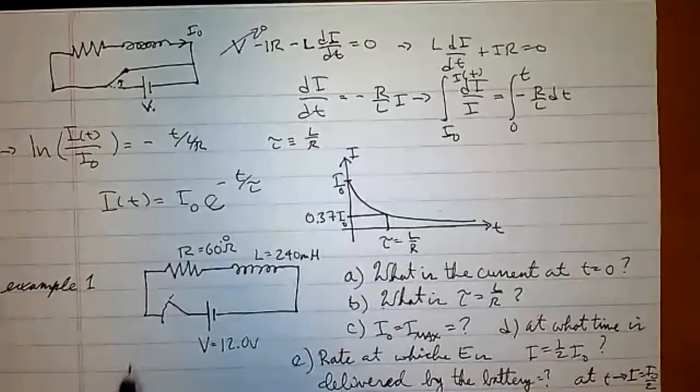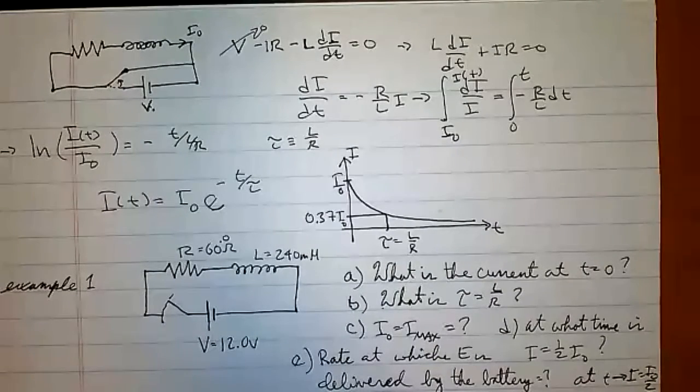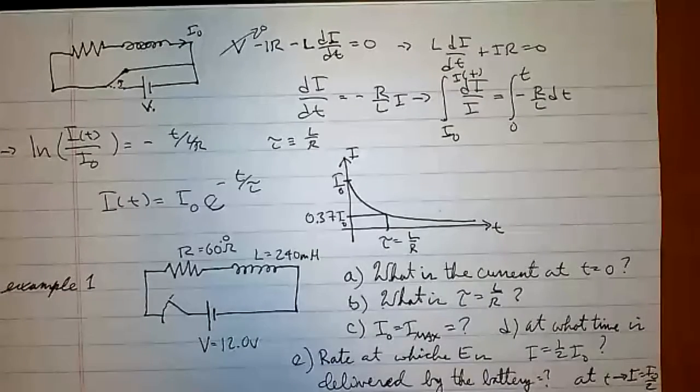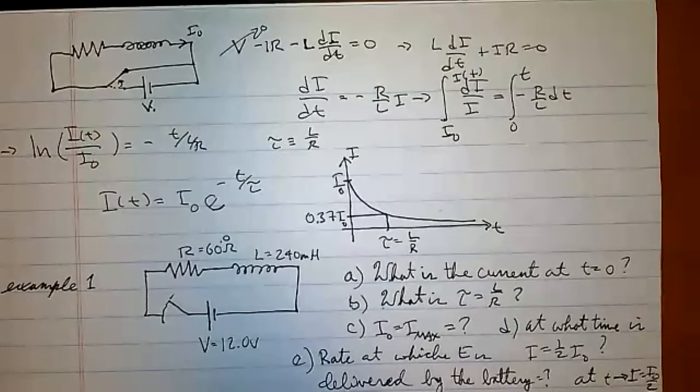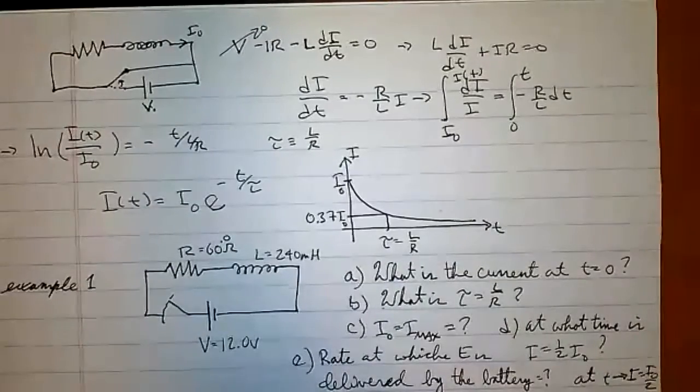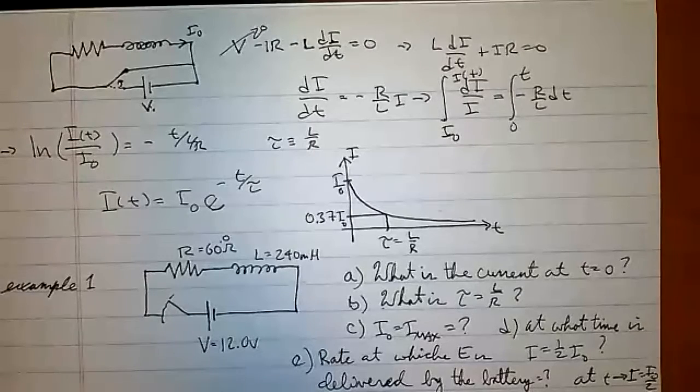And the same thing here, but I now want to know at what rate is energy put in the B field when T equals T such that I equals 1/2 I0.